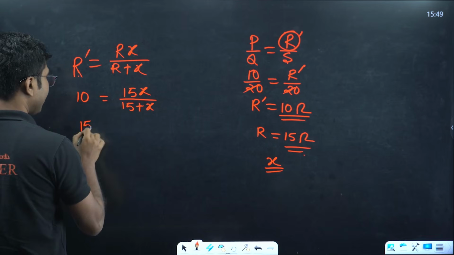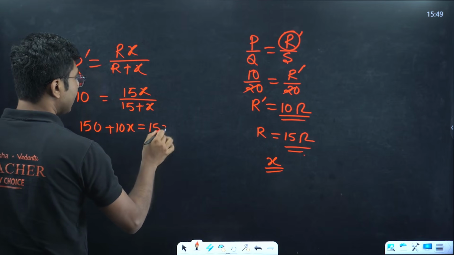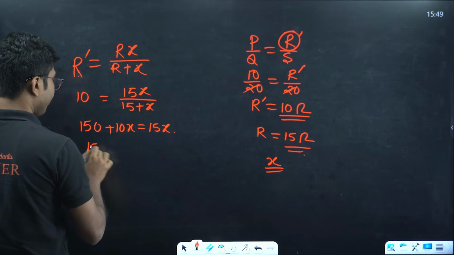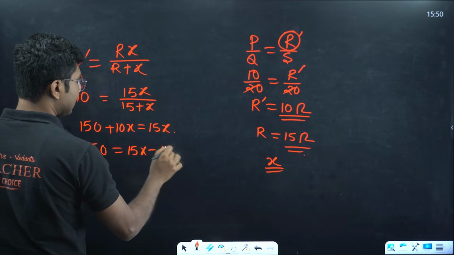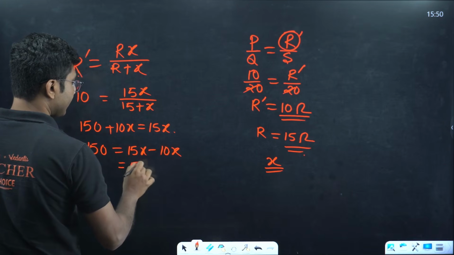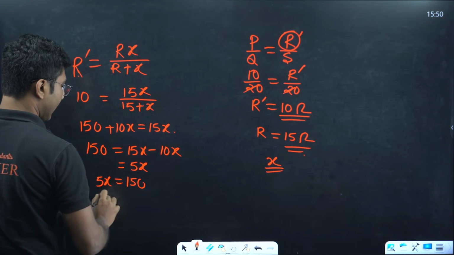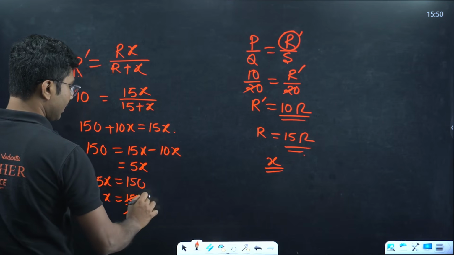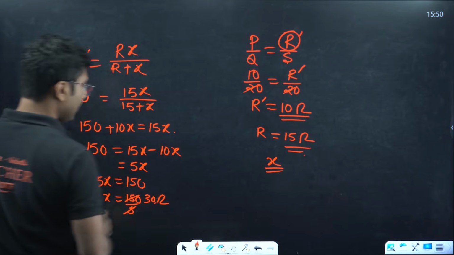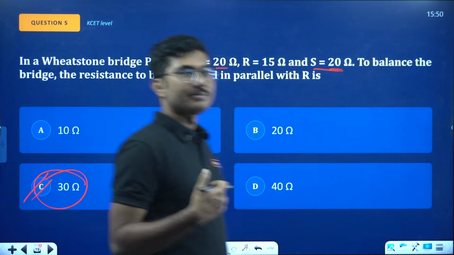So 150 plus 10x equals 15x, or 150 equals 15x minus 10x equals 5x. So 5x equals 150, or x equals 150 by 5, that is 30 ohm. So you have to connect 30 ohm in parallel to get the balanced Wheatstone bridge.